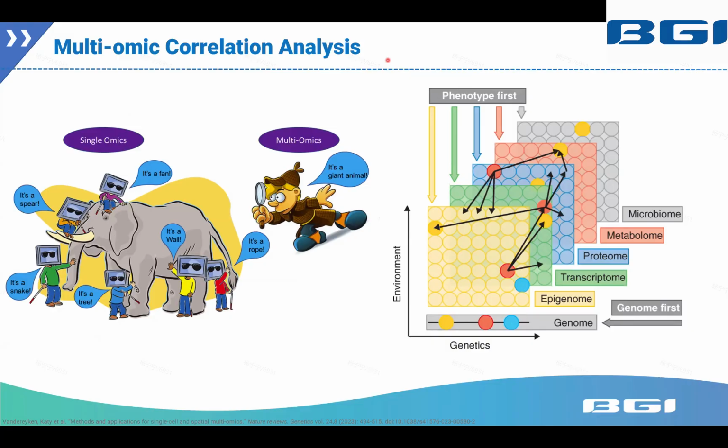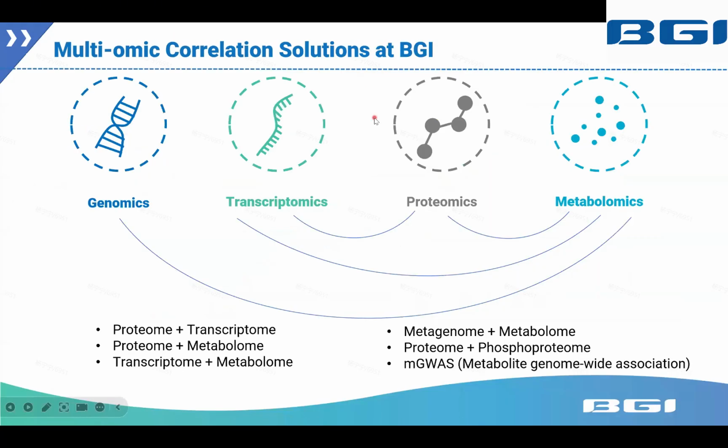So to better help researchers explore scientific questions in depth, we also designed many multi-omics joint analysis services. As shown here, we can provide proteomics combined with different omics, such as transcriptomics and modified proteomics, for joint analysis.